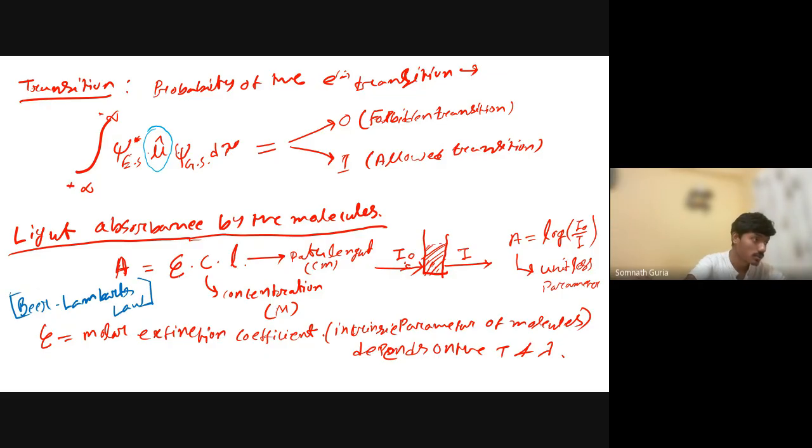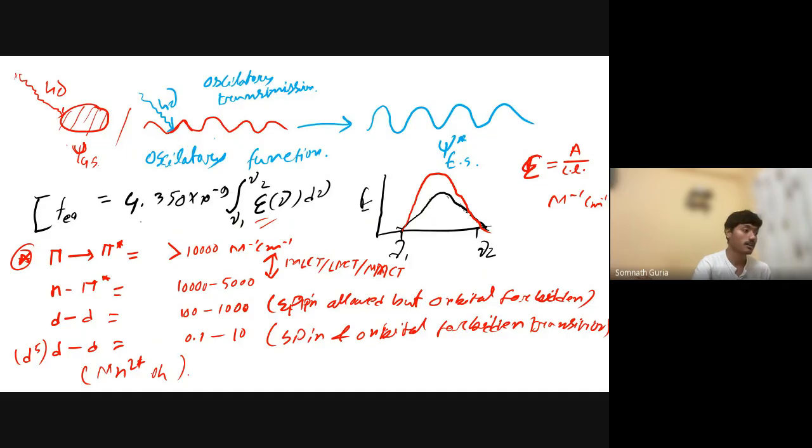This Beer-Lambert law is associated with the epsilon value, which is called the molar extinction coefficient, which completely depends on the molecule, and on the wavelength of the shining light. Depending on that, we can say which transition happens.